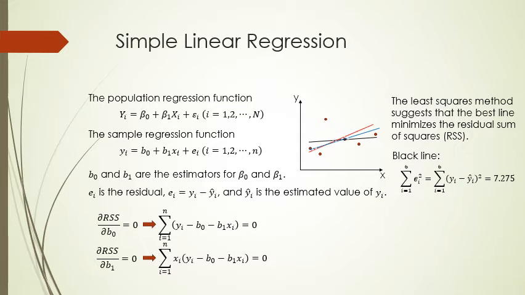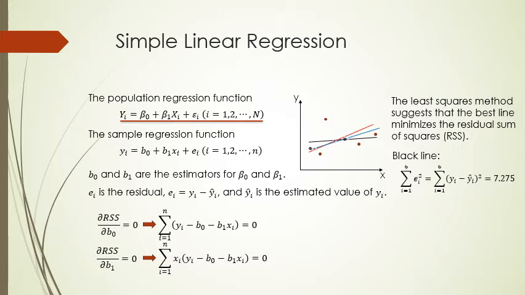For a simple linear regression, the population regression function is this. Here, capital N is the population size. Beta 0 and beta 1 are parameters, and epsilon i is the error.